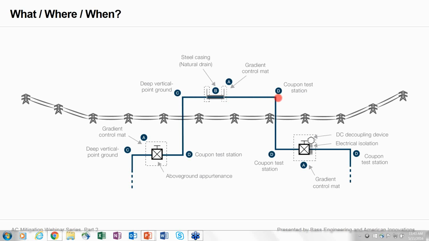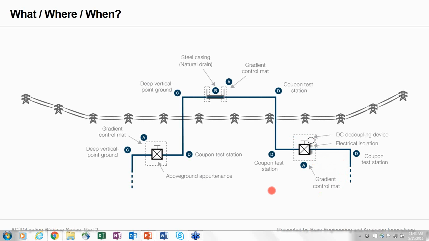We have another coupon test station at this point of intersection, and finally another valve setting with flange insulation kits installed. So we'll be using gradient control mats, we'll be using PCRs across that flange insulation kit to offer protection there. And again, the gradient control mat offering personnel protection as well as offering some limited current drain point.